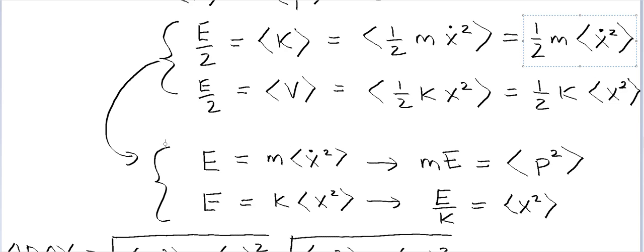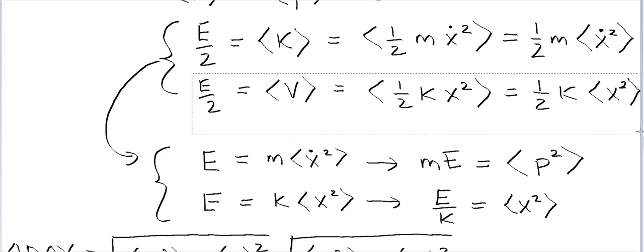So the halves cancel, and we get that E is equal to m times the expectation value of x dot squared, or that m E is equal to the expectation value of p squared, right? If I multiply both sides by m, I have m times E on the left, and I have m squared times x dot squared expectation value, but that is what we mean by the expectation value of p squared.